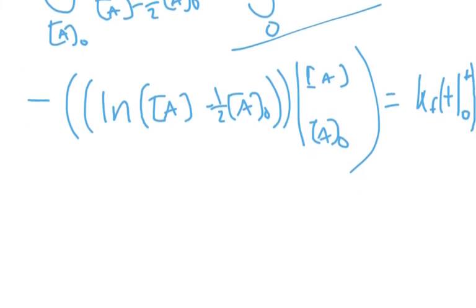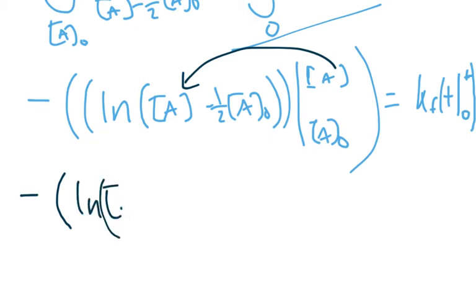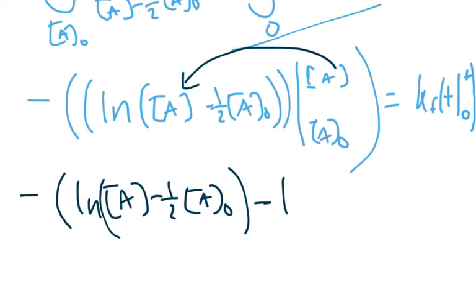And now we can do some simplification. The negative of, let's plug in A first. So the natural log of A minus 1/2 of A0. And we have to subtract, because that's how integrals work. We have to plug in A0 this time.